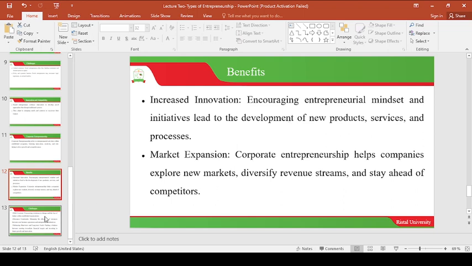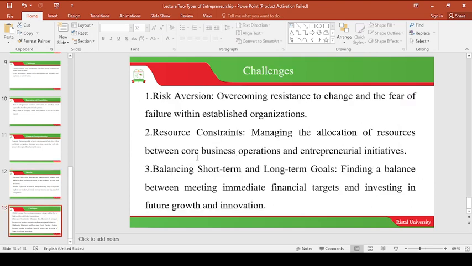Now, lastly, I want us to look at challenges. What are some of the challenges facing corporate entrepreneurship? One of the challenges is risk aversion, overcoming resistance to change and the fear of failure within established organizations. The top management might be resistant to change.